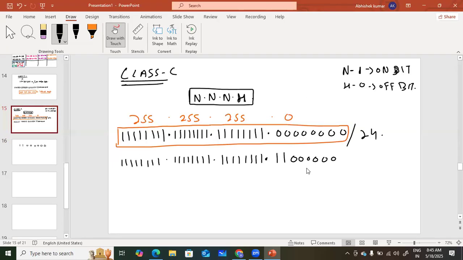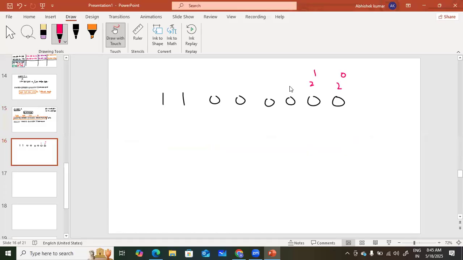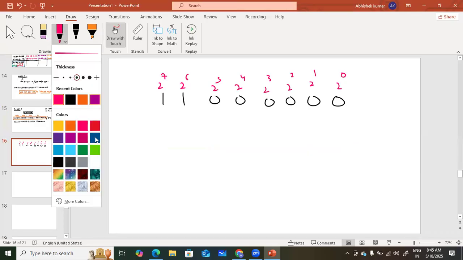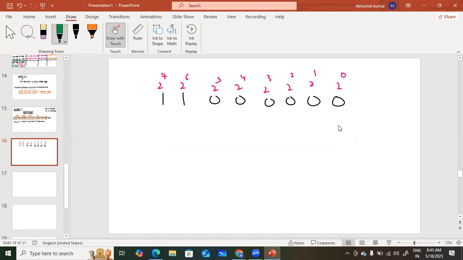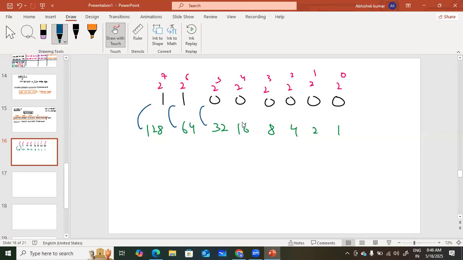This is what we have right now. 2 to the power 0, 2 to the power 1, 2 to the power 2, 3, 4, 5, 6, 7, like this. 2 to the power 0 is 1, 2 to the power 1 is 2, then 4, 8, 16, 32, 64, 128. Multiply these values with each other.